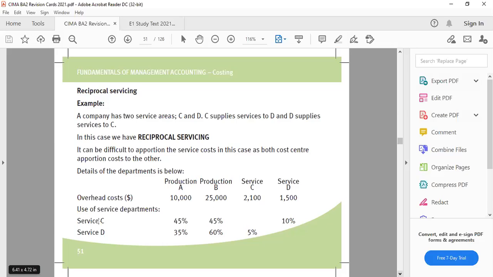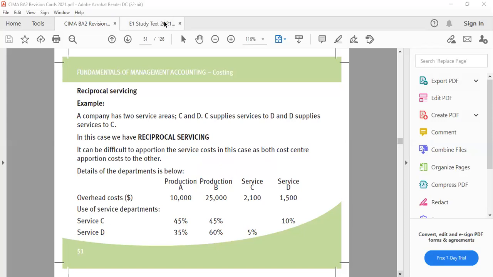Department C is charging 45% to A because it has provided services to A to the extent of 45%. Then B also 45%, D 10%. If it is service department D, D has charged 35% of the services to A, 60% of the services were provided to B, and 5% of the services were provided to C. So this is the situation which is given to us.